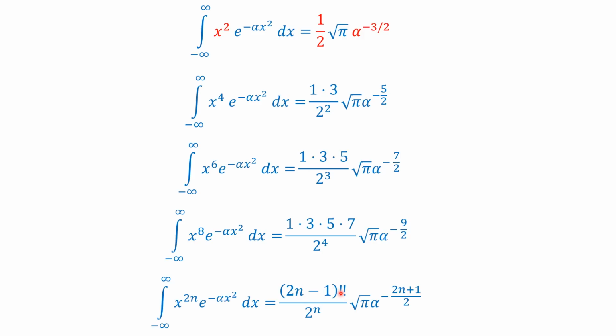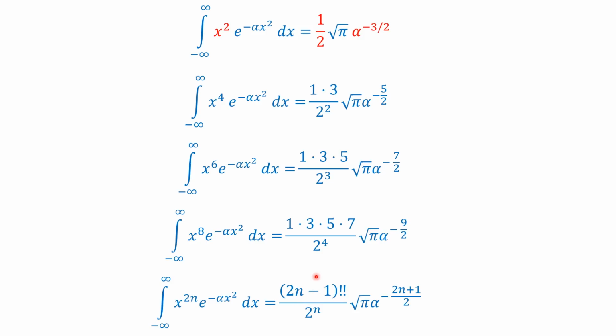Double factorial means factorial of odd numbers. So you can see here the power is 2, the factorial is 1, here 4, 3, here 6, only 5, here 8 up to 7. So this is 2n minus 1 double factorial.